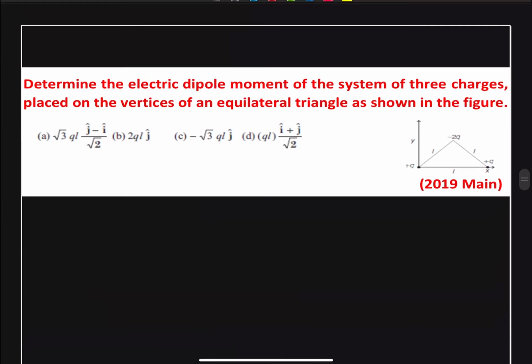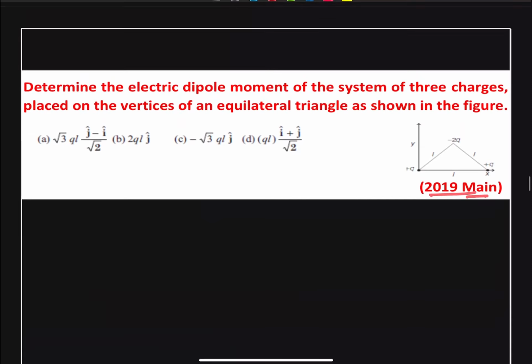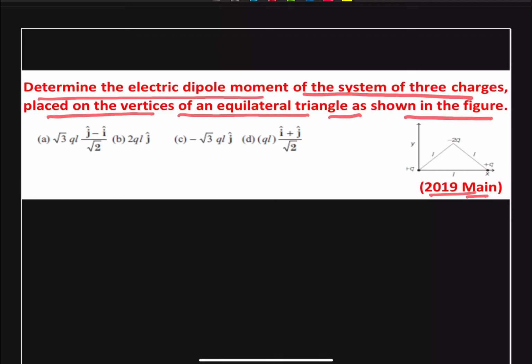It was asked in the year 2019 mains, and it states: determine the electric dipole moment of the system of 3 charges placed on the vertices of an equilateral triangle as shown in the figure. So here we have an equilateral triangle. One charge is at the origin, so this will be 0, 0, and another charge is placed on the right side, length is L, so this comes as L, 0.